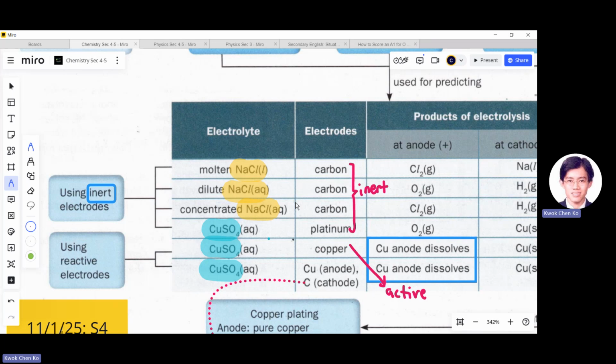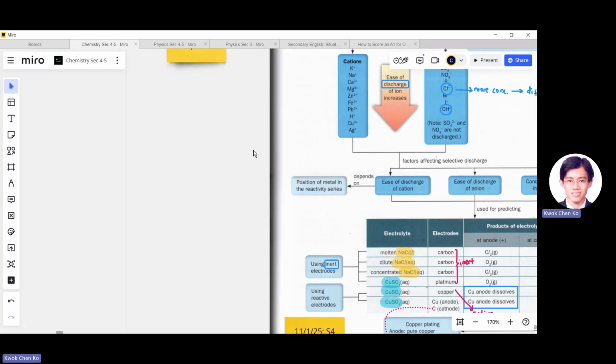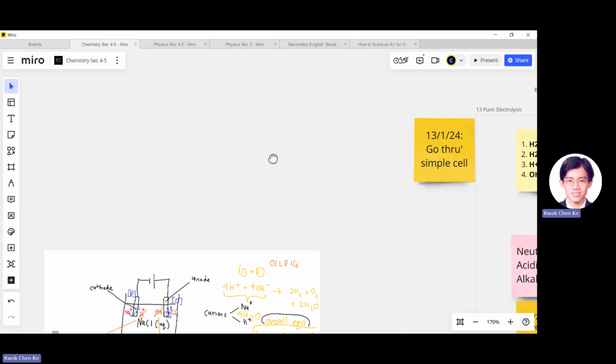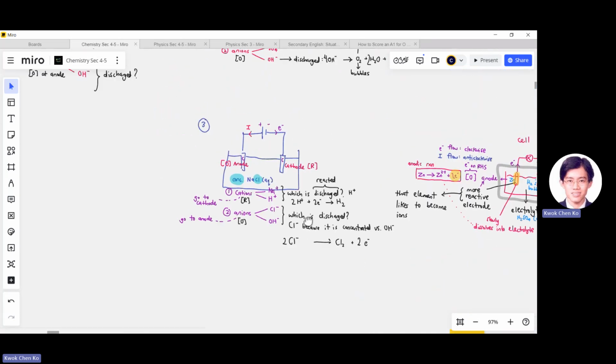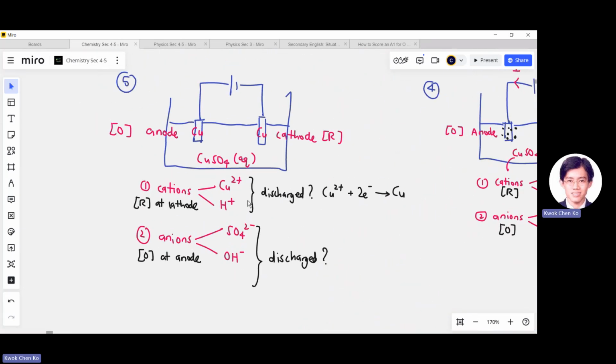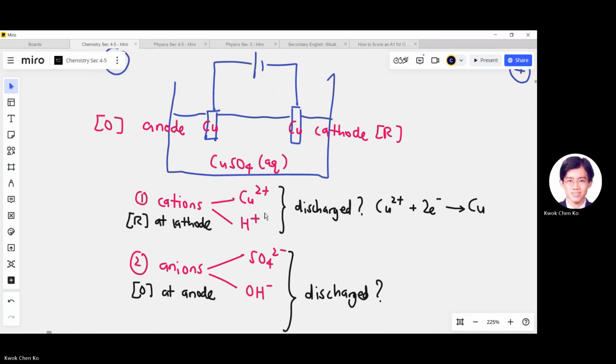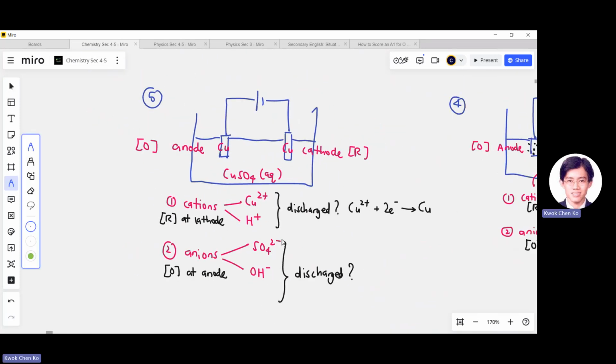And therefore, this is a special condition. So let's go back to our diagram. Keep that in mind. Be careful when you see copper. If I analyze the cathode, there's copper 2+, there's sulfate, but how about the cathode itself?